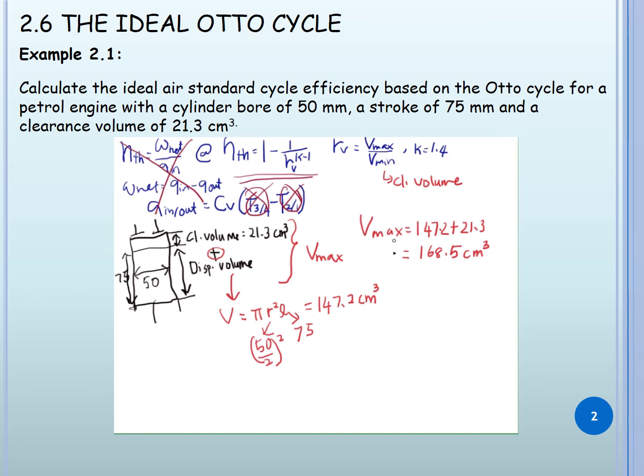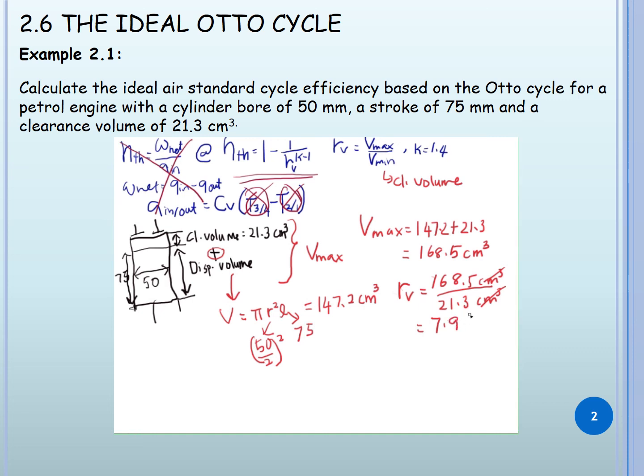And then we substitute this value to find the compression ratio. We change all the units so that we can cancel them. We can delete the centimeter cubic there, and then we have the compression ratio.